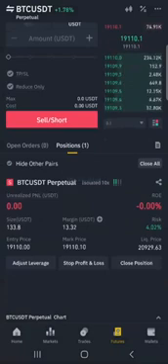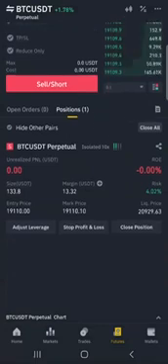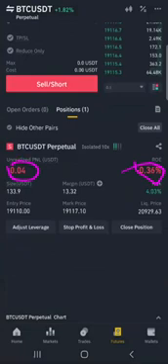So now we are already in position, but we can also set our stop loss again. So let's set up our stop loss and take profits. Remember, this is our percentage here. This is the percentage of money we are using, then this is the money we are losing.